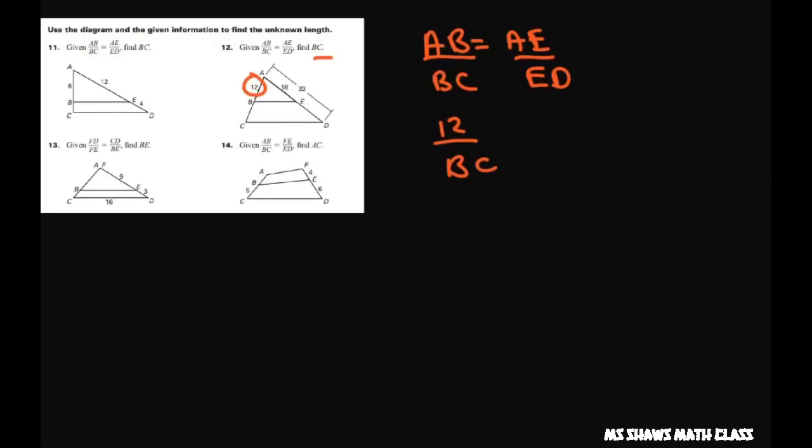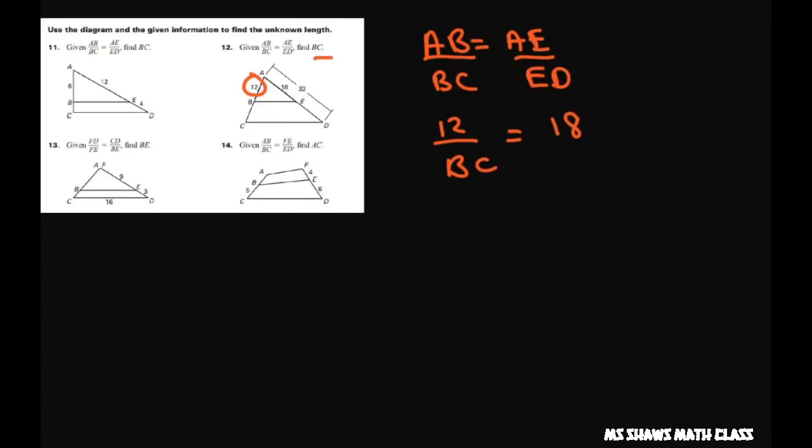Now the next one, we have AB equals AE, and BC equals ED. So what do we have for AB? AB is 12. We don't know BC. AE is 18.